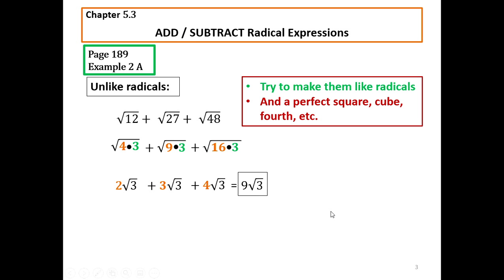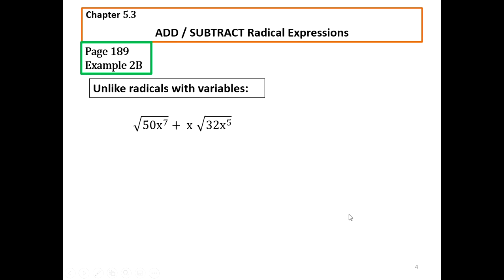Let's go on to the next. This time is unlike radicals. We're going to be adding variables to it. It works the same way. They still have to have the same radicand and the same index. So we take two factors to give 50. It's 25 times 2. The 2 here will not divide into the 7.